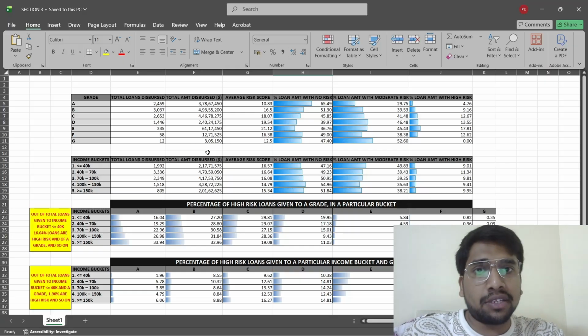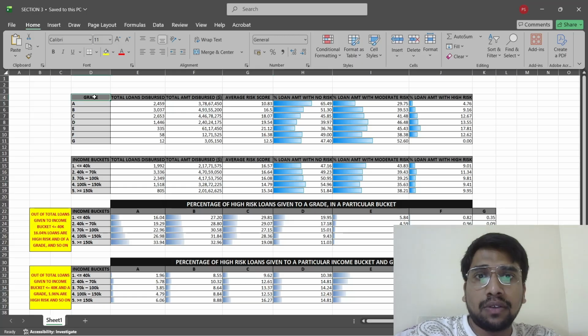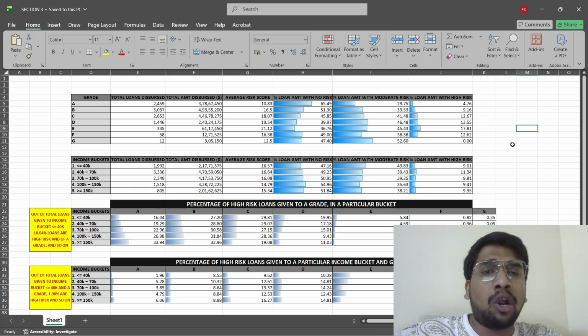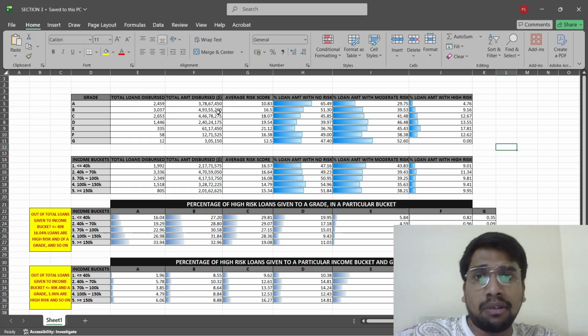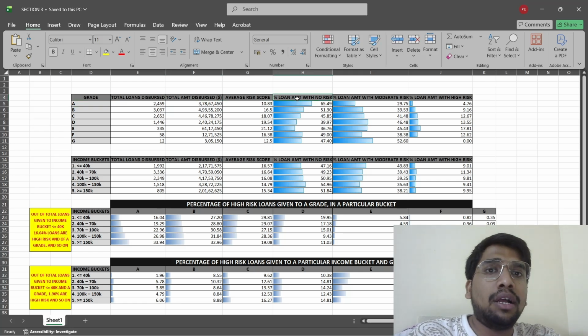I will show you the other sections as well. In section 3, you can see that I had pasted all the table outputs on MS Excel. In the first table, you can see how, on the basis of grades, the total loans are disbursed. This is the total amount, the average risk score, percent of loan with amount of loan with no risk, moderate risk, and high risk.